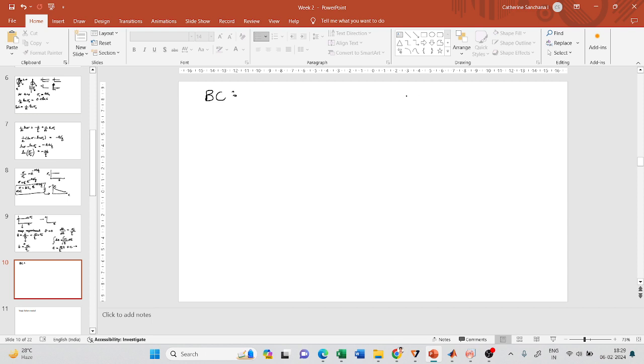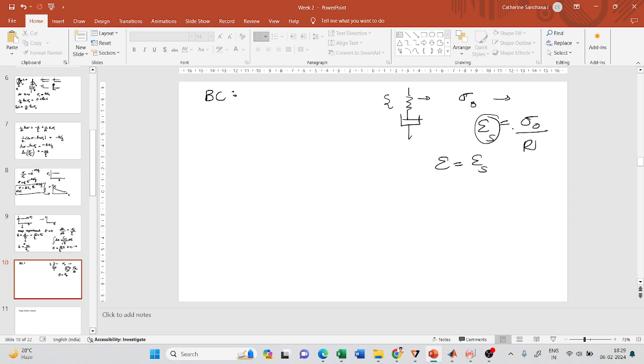Here also, the spring responds first. When I'm subjecting the material to a constant stress, my spring responds first, which means the entire strain at time t equals 0 will only be because of the strain in the spring.